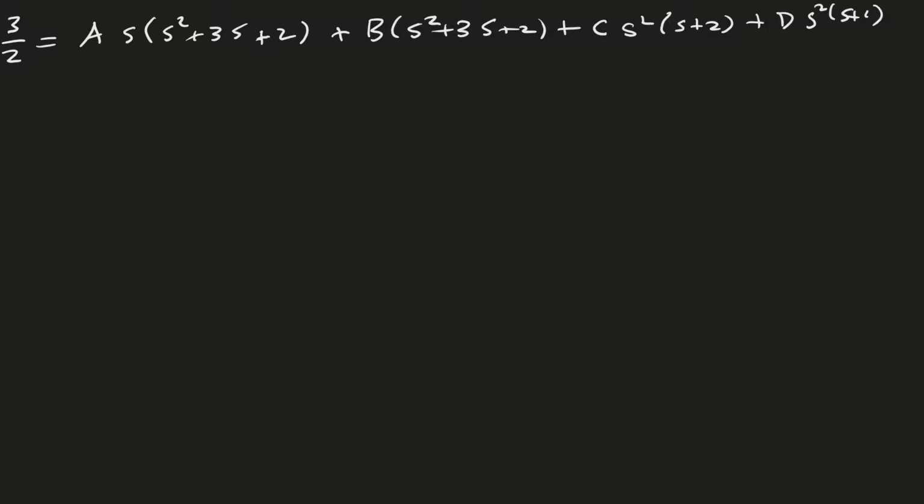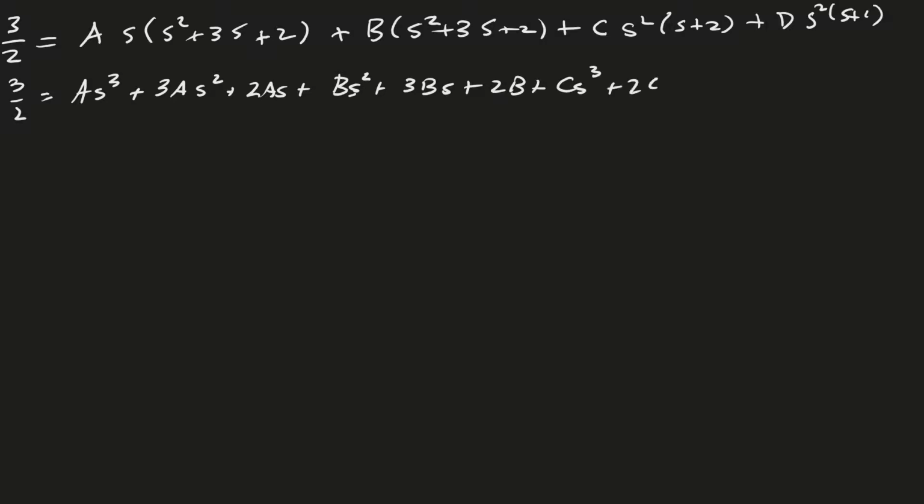If you go ahead and expand everything out, 3 halves is equal to As cubed plus 3As squared plus 2As plus Bs squared plus 3Bs plus 2B plus Cs cubed plus 2Cs squared plus Ds cubed plus Ds squared.